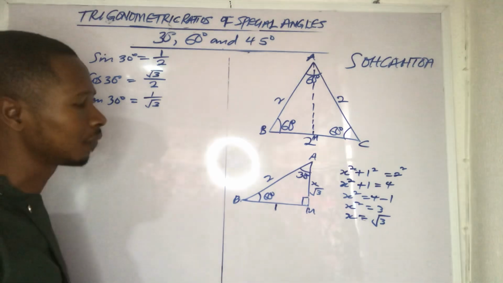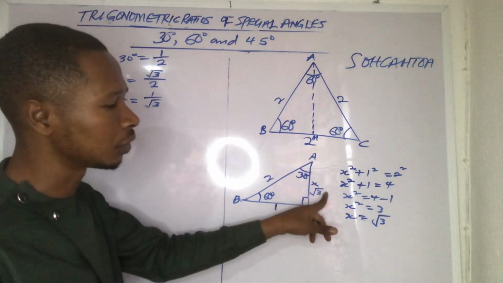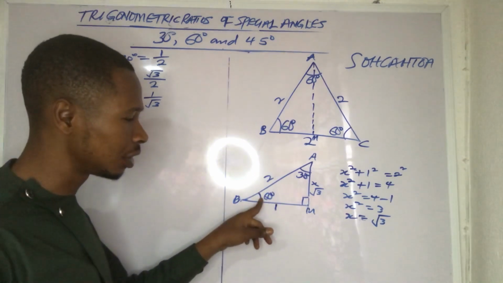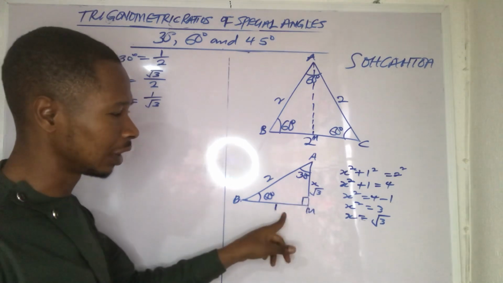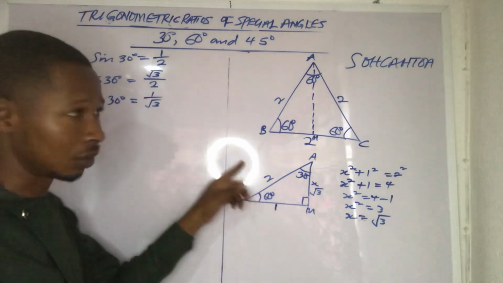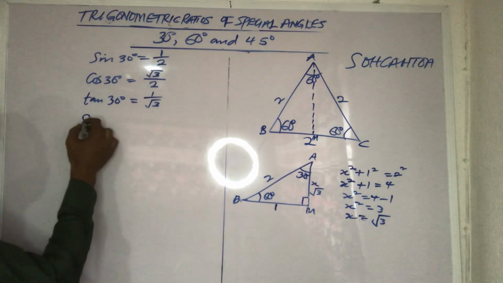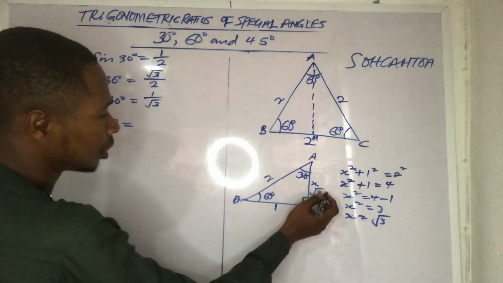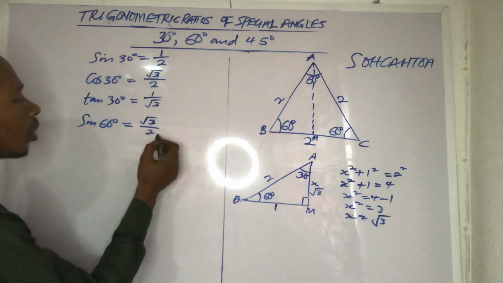Now, if I want to get for 60, if I consider this angle 60, this will be my opposite, this is hypotenuse, this is adjacent. So you have sine 60 is equal to opposite over hypotenuse. That will be root 3 over 2.